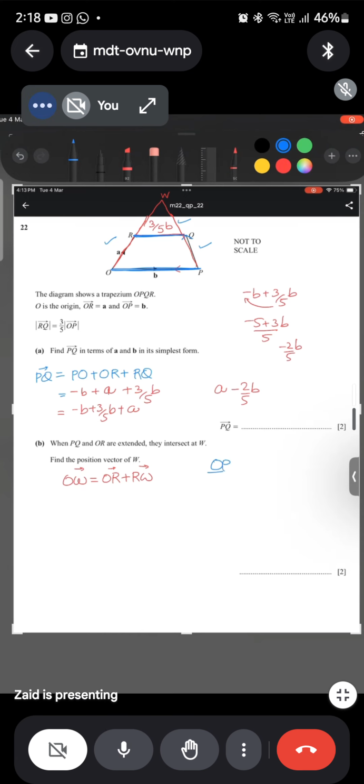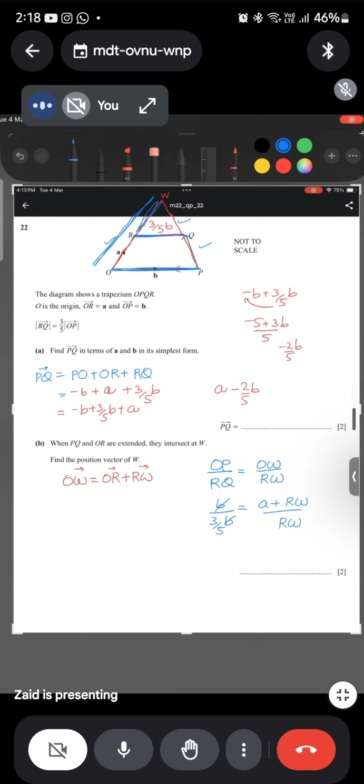OP upon RQ, such that the bigger triangle, if we take OP, then that's going to be OW, the whole thing, upon RW, the small one. OP is B, RQ is 3 upon 5B, OW is A plus RW.